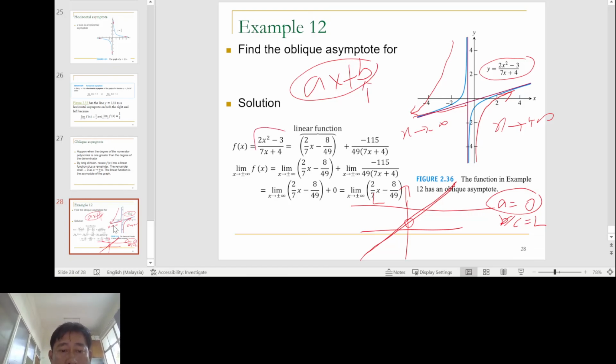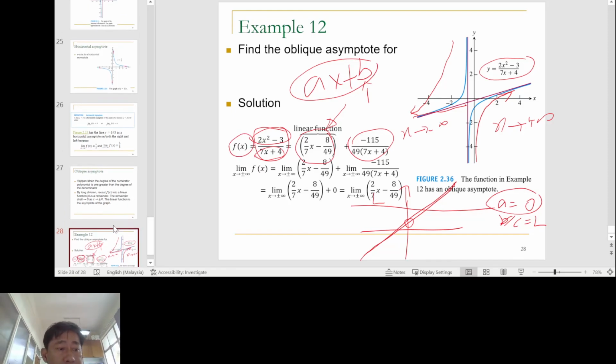And for any rational function where the numerator function is one order larger than the denominator function, division will always end up with a linear function and a residual function. And this linear function is just the oblique asymptote for the rational function. Okay, so that's all for example 12.